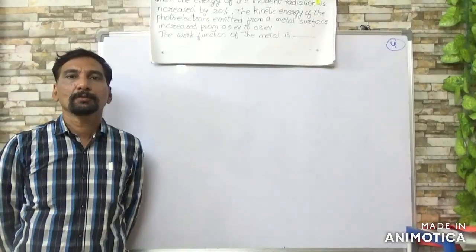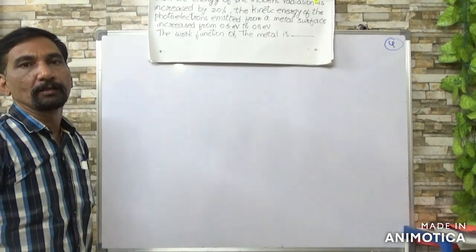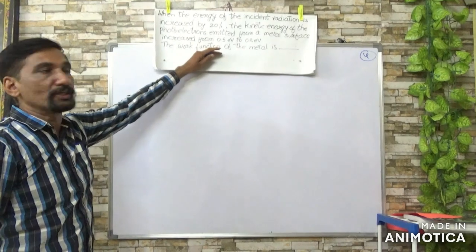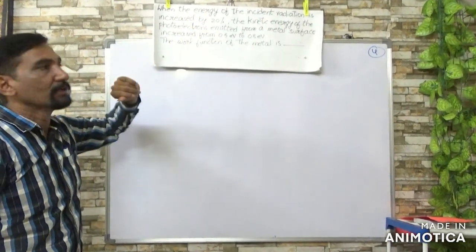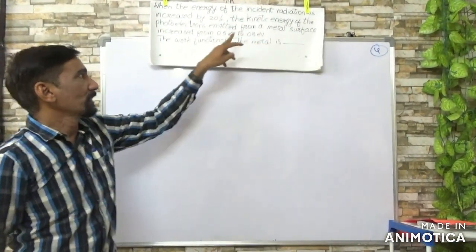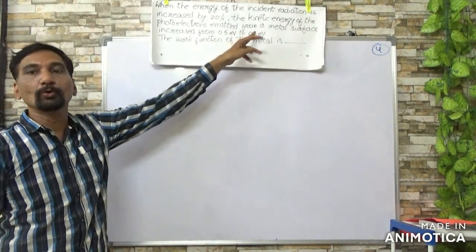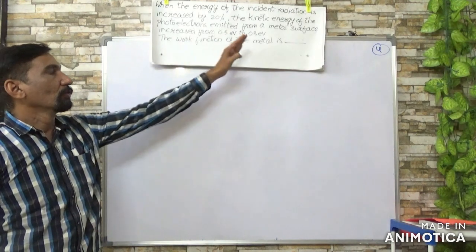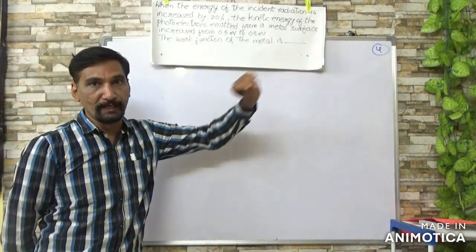Okay. Now about the given problem. They said the incident energy increased by 20%, then the kinetic energy changes from 0.5 eV to 0.8 eV. So in such case you want to know the work function of the metal.